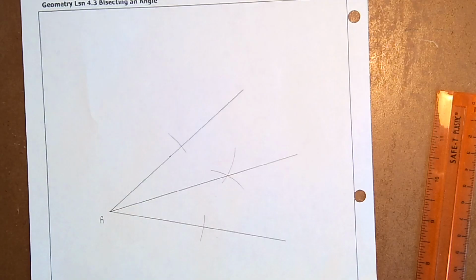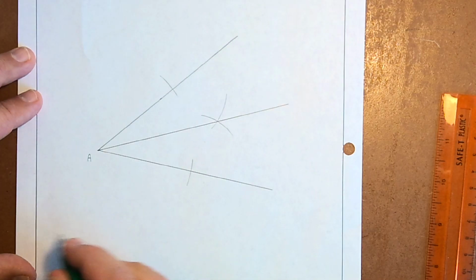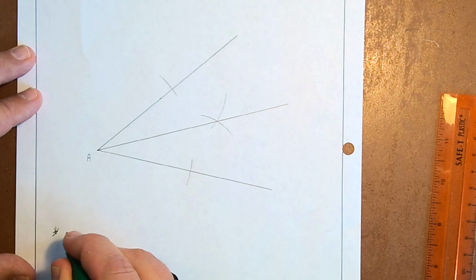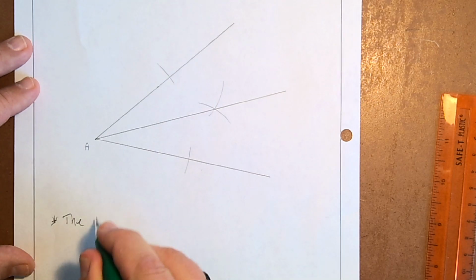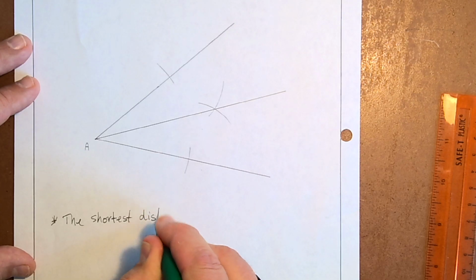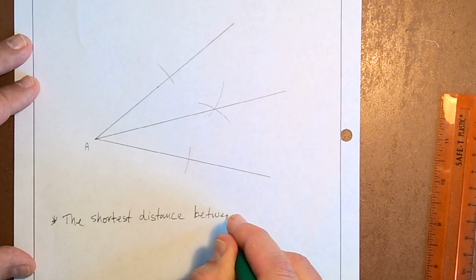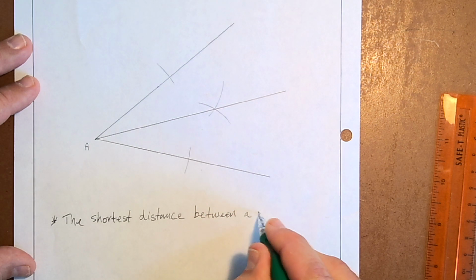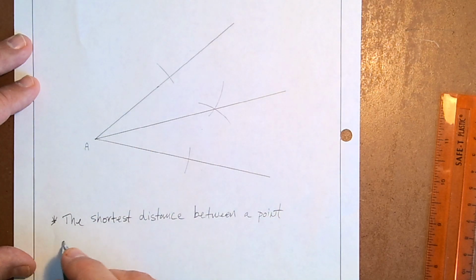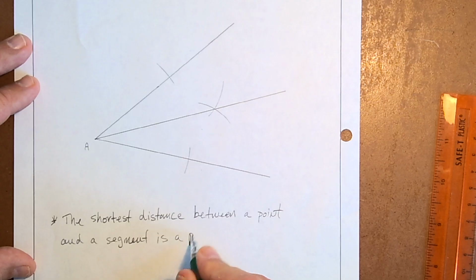Okay then. Let's make some notes at the bottom of our paper because this is an important concept to understand right here. The shortest distance between a point and a segment is a perpendicular line.